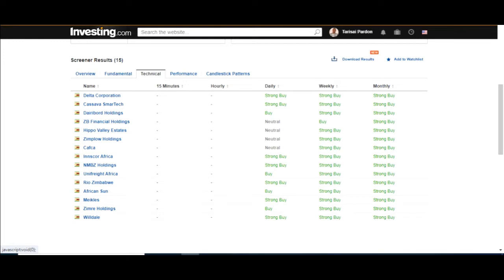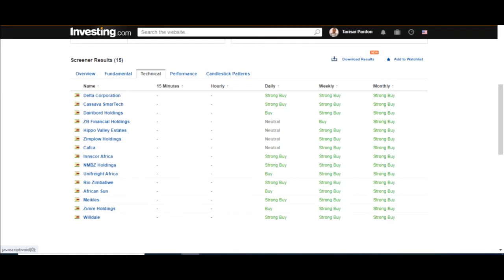On a weekly basis, you would see that I only have a buy on ZB Financial Holdings, while the rest, 14 counters, are indicating strong buy technicals. So by screening, it makes my work easier when I try to pick a specific counter that I may be interested to invest in.